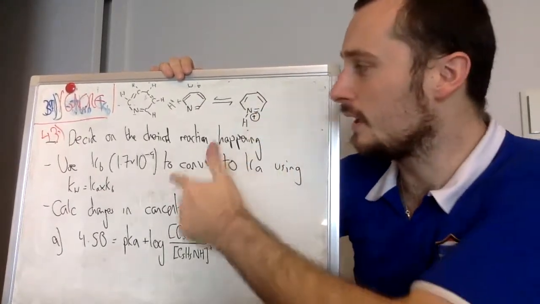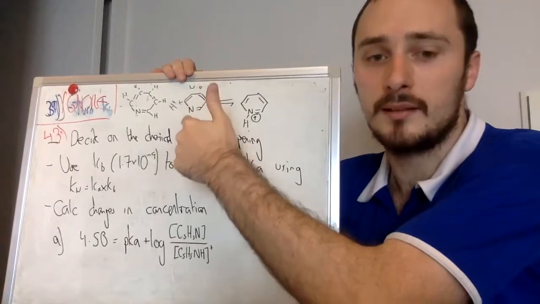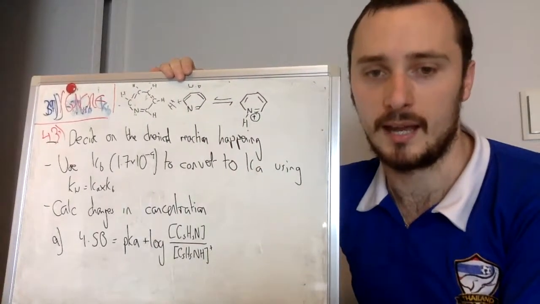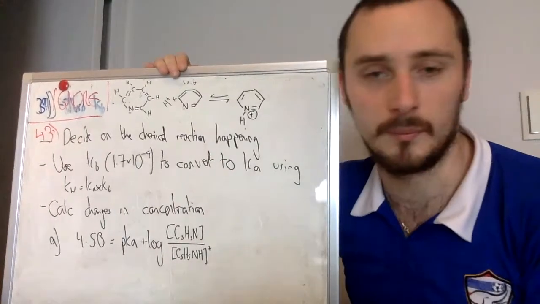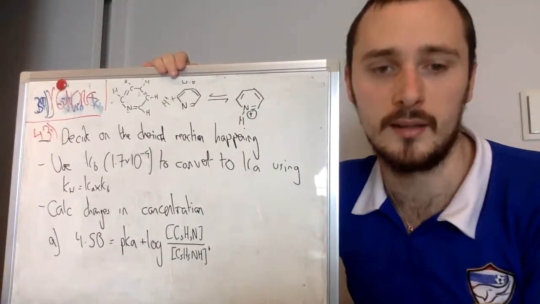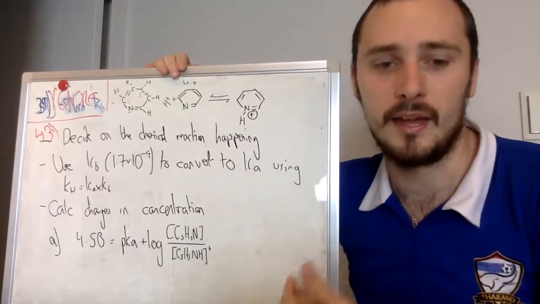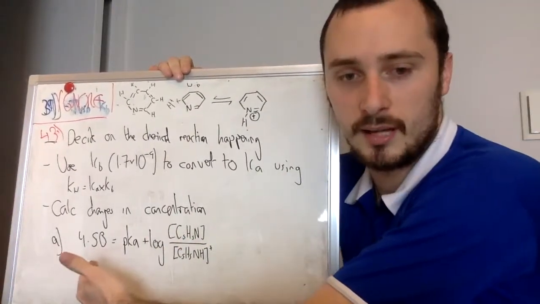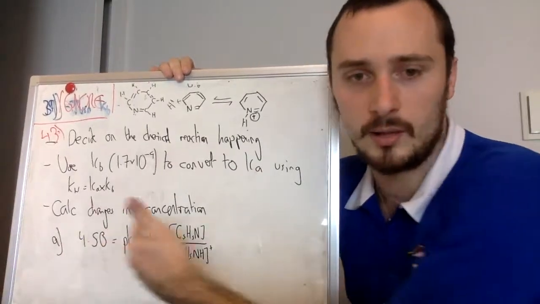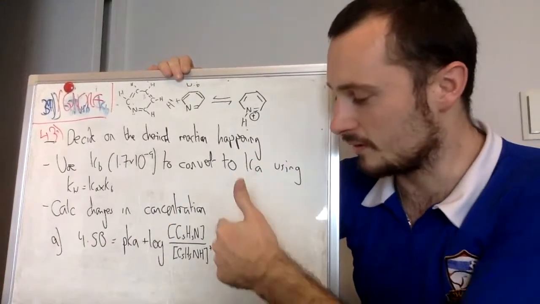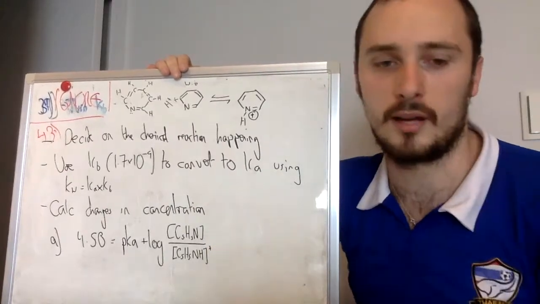Use the Kb of pyridine as a weak base and convert it to Ka using Kw equals Ka times Kb. Don't forget that Kw is 1 times 10 to the minus 14. Then, calculate your changes in concentration if necessary. Then, plug in your pH values that are given into the Henderson-Hasselbalch equation and put in the different concentrations here, and then you can work out the change in pH.